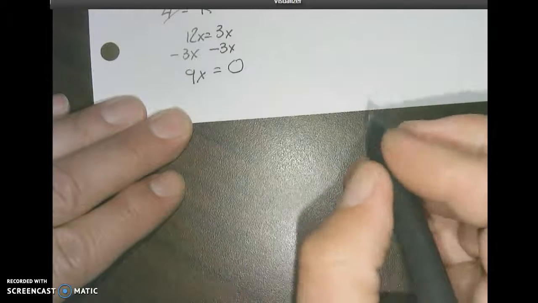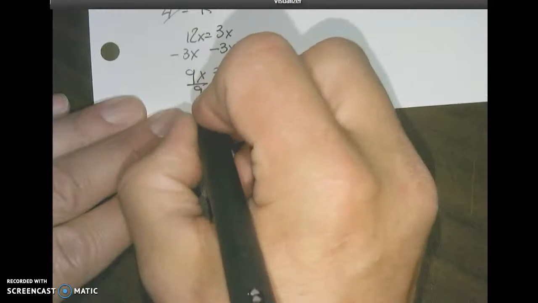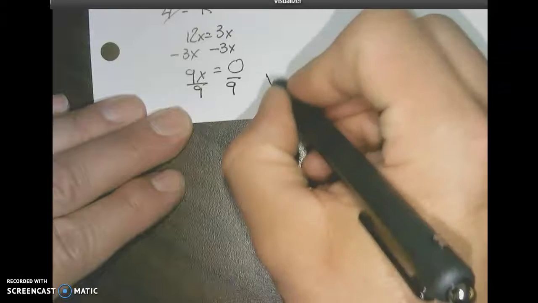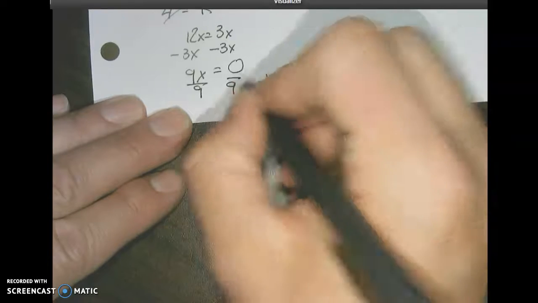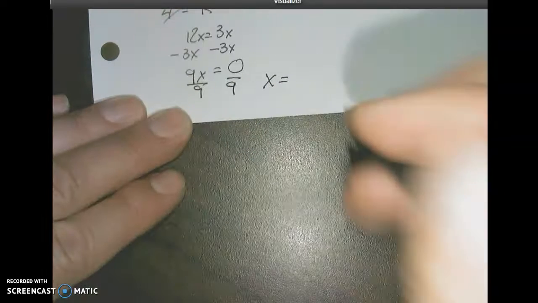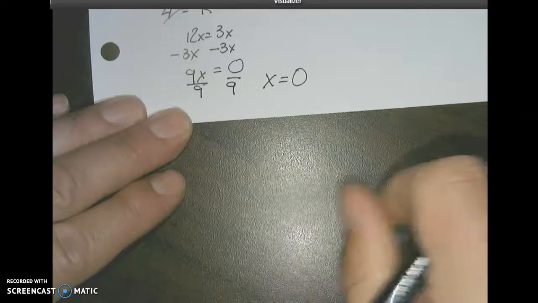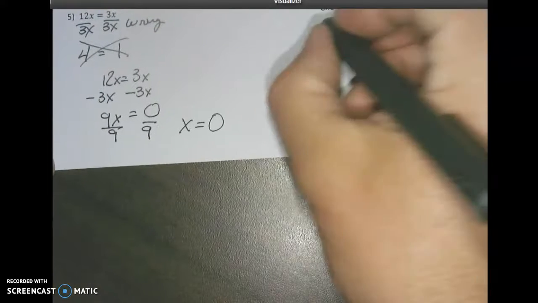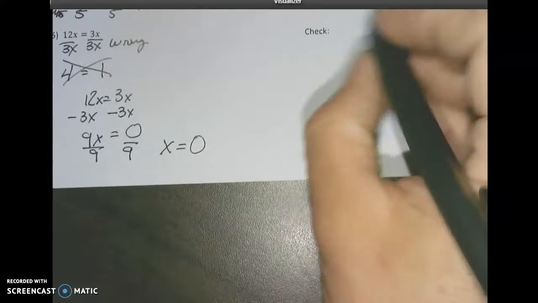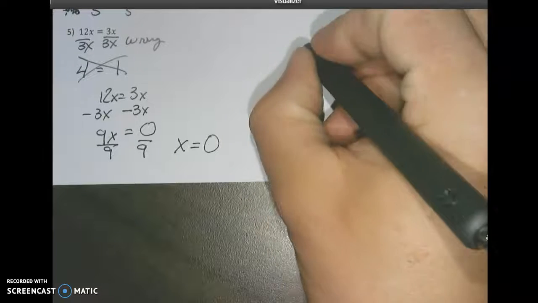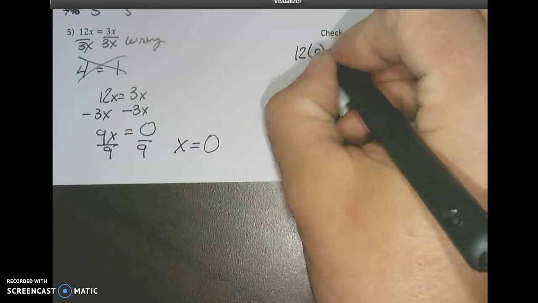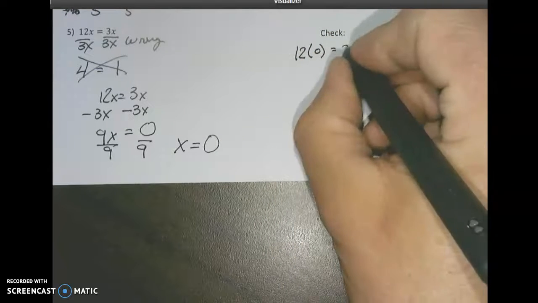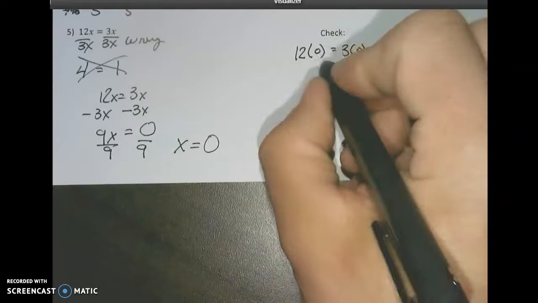Okay? So I divide by 9, x is actually, well, what's 0 divided by 9? That is 0. So you can actually get 0 as your answer. So if I do my check, I have 12 times 0 is equal to 3 times 0, question mark.